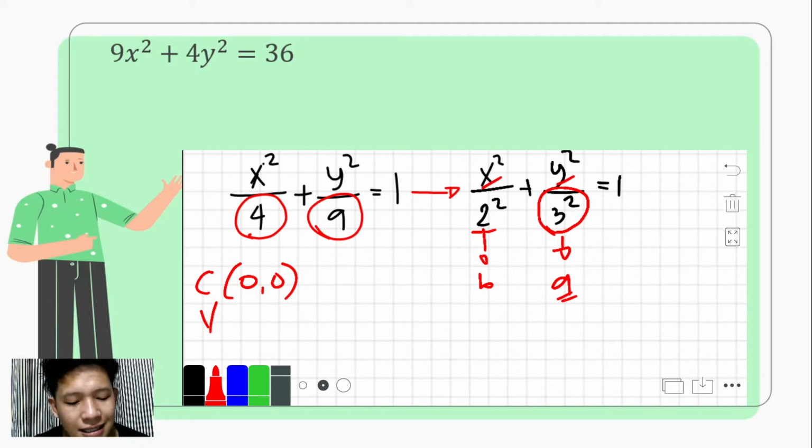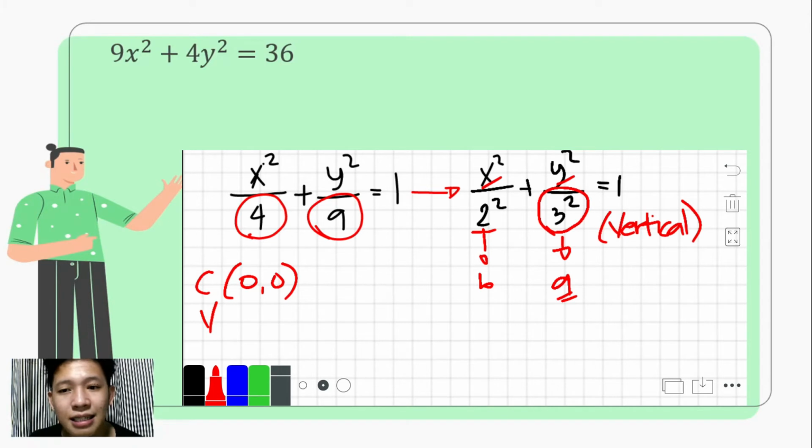And since nakay-y siya, ang ating ellipse would be considered what? Vertical. Okay po, so vertical po yung ellipse natin. Kung vertical yung ellipse, ang gagalawin natin sa center kapag kinukuha si vertex ay yung ating y-coordinate. So, ang ating vertex would be at 0, positive and negative a.